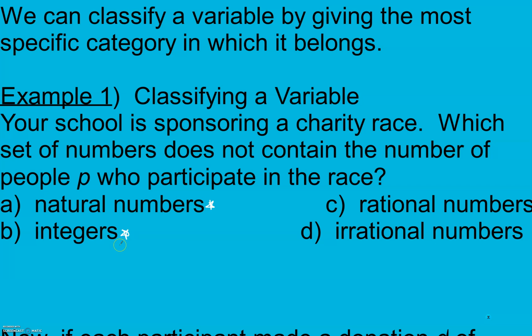We're not going to have like -7 people who participate, but 7, for example, is an integer and a natural number. Natural numbers and integers are rational numbers, which means an irrational number of people, we're not going to have an irrational number of people who participate. We're not going to have square root of 10 people or anything like that. So the one that does not contain is irrational.